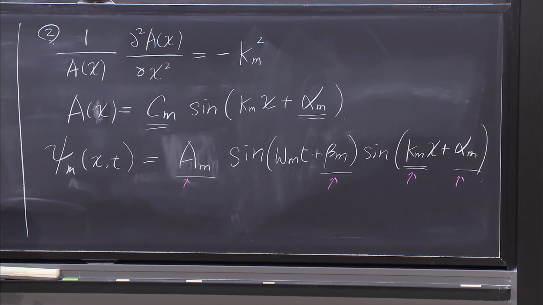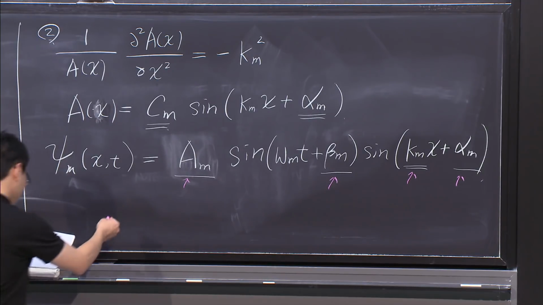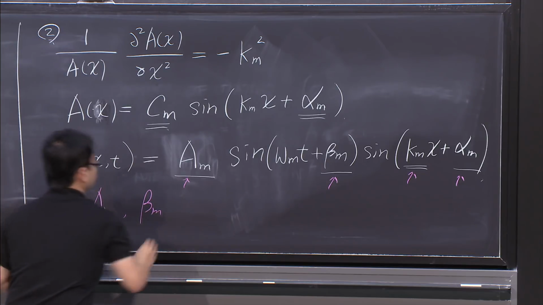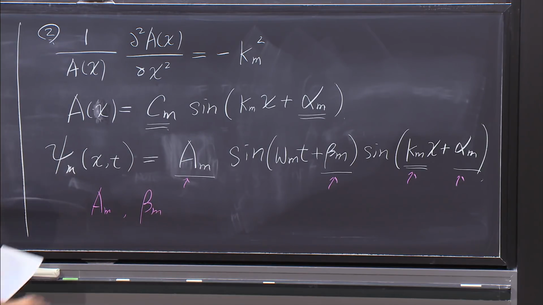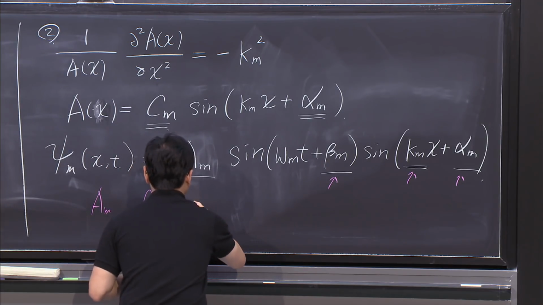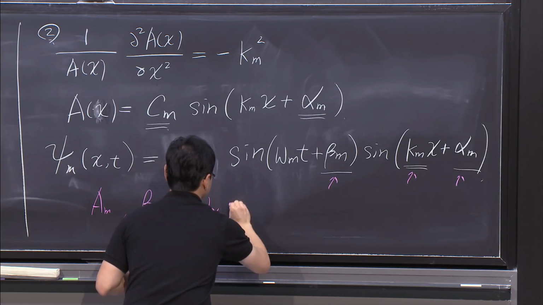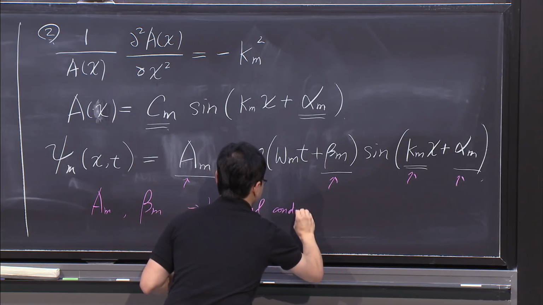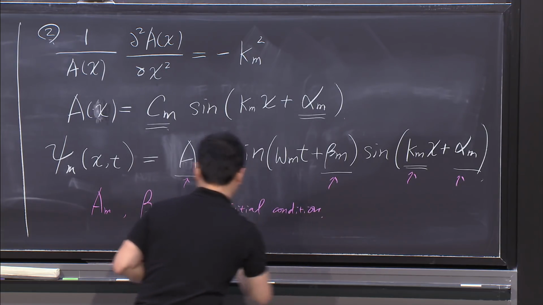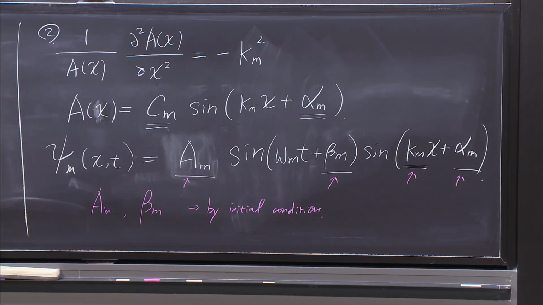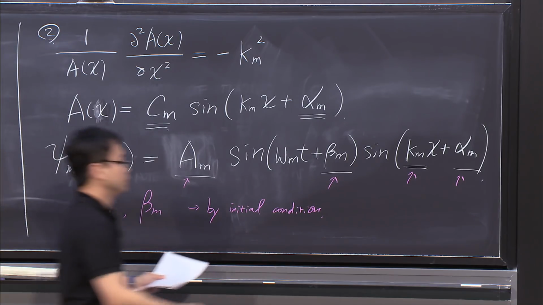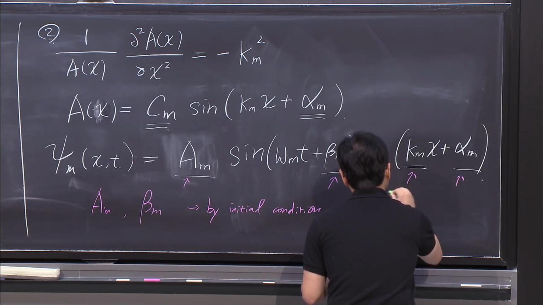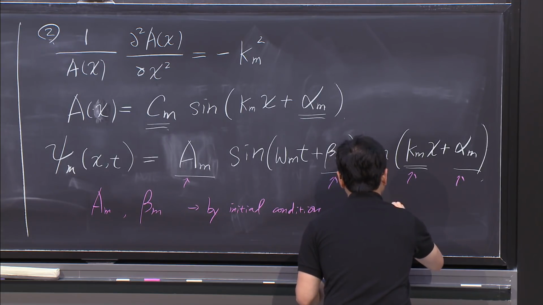What I'm going to show you is that A_m and beta_m, these two quantities, will be determined by the initial condition, while k_m and alpha_m, as you may guess, can be determined by the boundary condition.